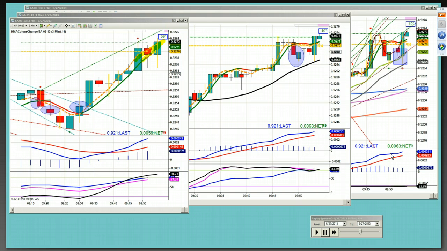So we know as long as the 3-minute is not in sync with the 1-minute, we only have a scalping opportunity. I'm going to say that again. As long as the 3-minute is not south of the border in sync with the 1-minute and the right color, the HMA is green here, this is red, then we only have a scalping opportunity.